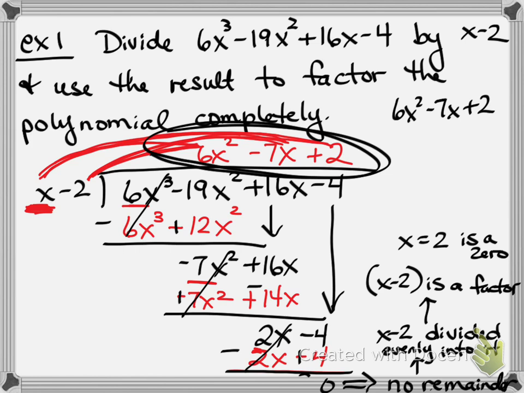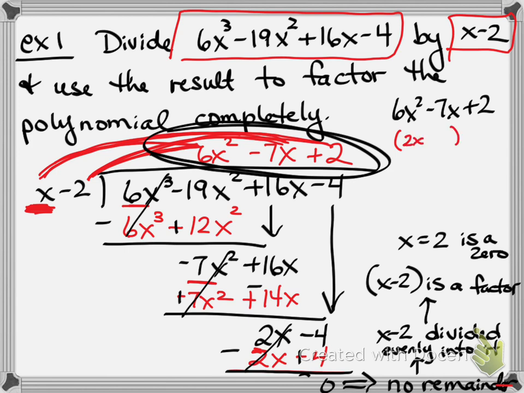So what we did is we took this big polynomial and we divided out one factor. And now we've come down to this polynomial. And now we're going to factor it. I'm going to try 2x and 3x.